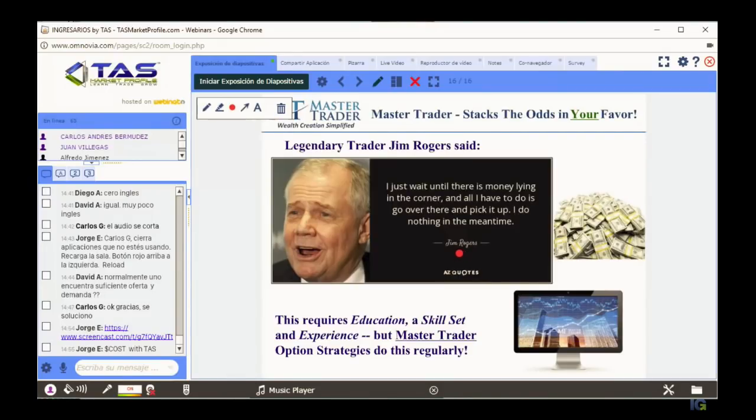Now, we also know that there are no gifts on Wall Street. There is no money in the corner, so to speak, to pick up. But what there is to pick up is high-odds setups, high-odds option strategies that we refer to as a no-brainer. The setup is so compelling that you have to put on the option trade as we will teach them, either a directional trade or an income at turning point trade.